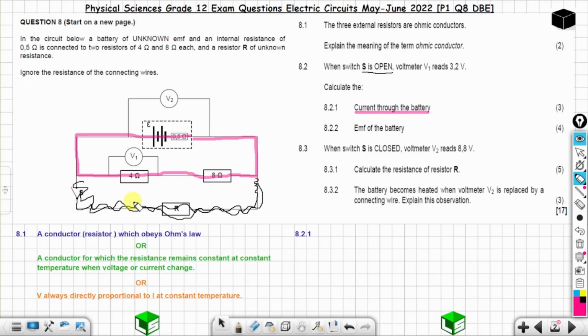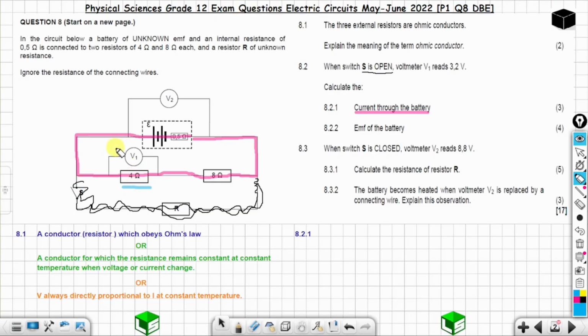This will happen if switch S is open. The same current from the battery will flow through the 4 ohms resistor, and then that same current will flow through the 8 ohms resistor and then back to the battery.